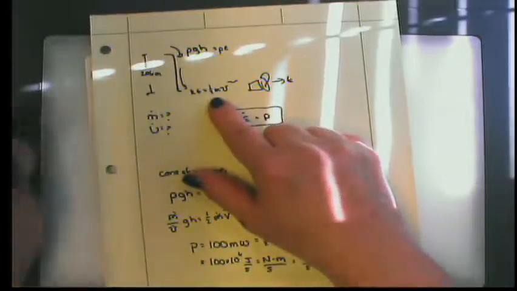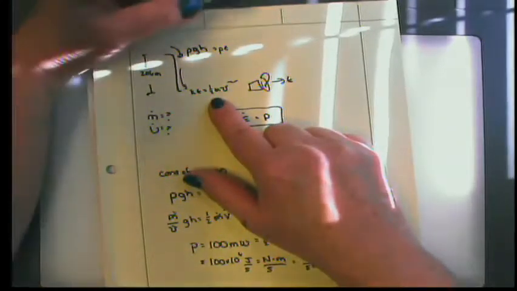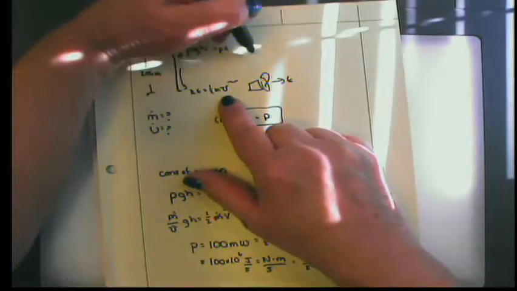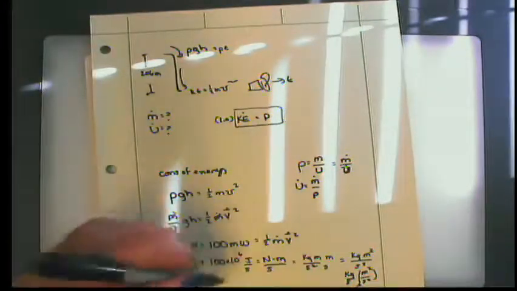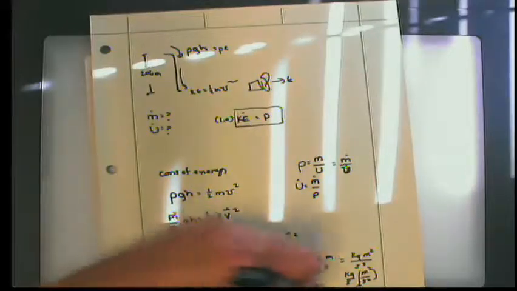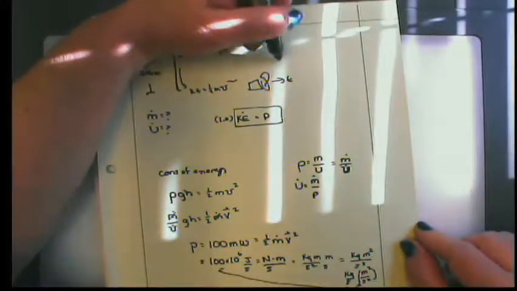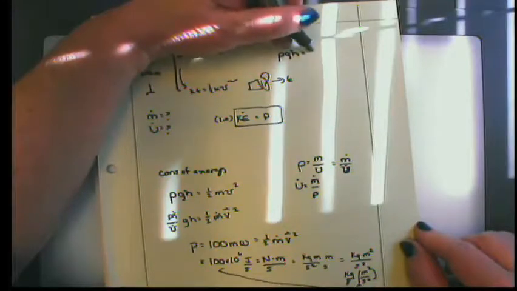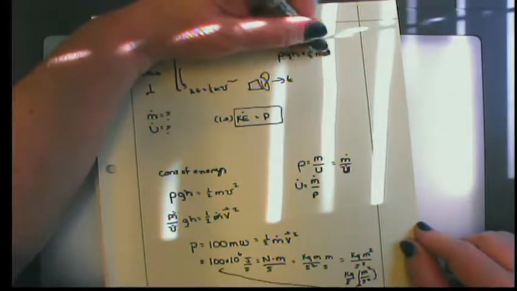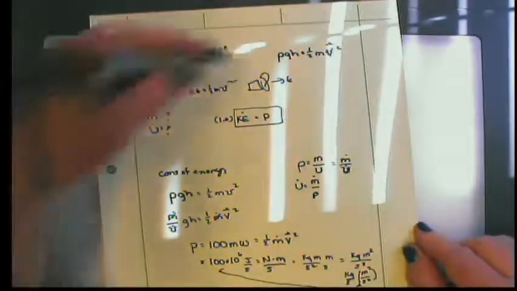Then we have to think about what the velocity is going to be at the bottom. If we can plug that in right here, then we're going to be able to solve for mass flow rate, aren't we? So just based on energy, potential energy, rho g h equals 1/2 mv squared.